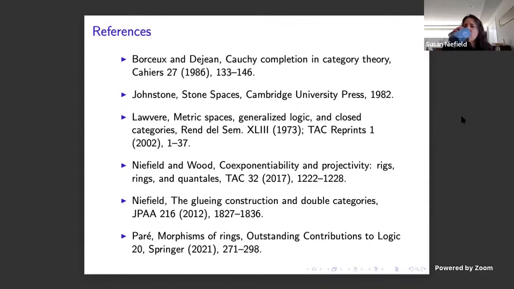So, what is the conclusion that you have after generalizing it to double categories? Do you have anything to say about the logic of that? I'm sorry, it's a very open-ended question, I know.